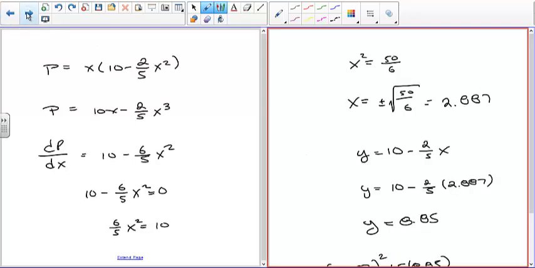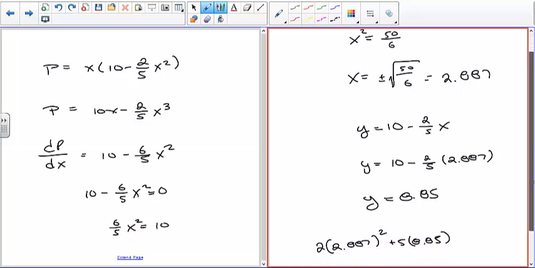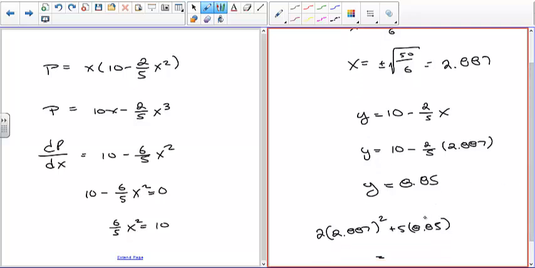Maybe I did get y wrong. 2x squared plus 5y. Okay, so let's go back here. I know this number's right because I looked it up. And let's go back and make sure I've solved this thing correctly.